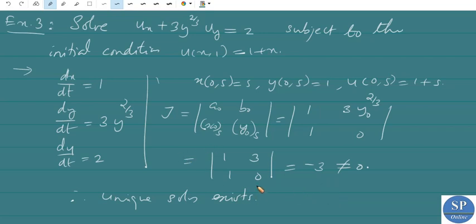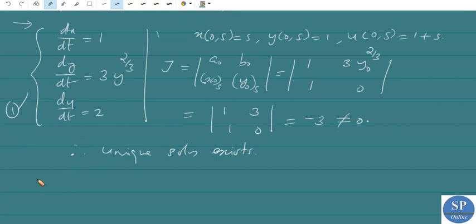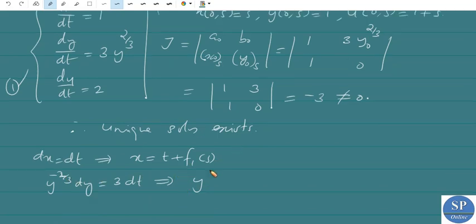Now solving these equations, the first one is dx = dt. On integration we get x = t + f1(s). From the second equation we have y^(-2/3) dy = 3 dt. On integration we get y^(1/3) divided by 1/3 equals 3t plus some function of s.